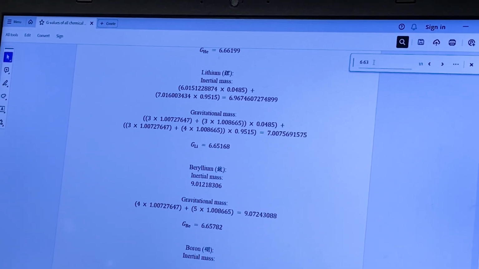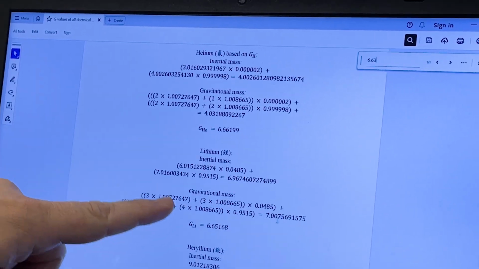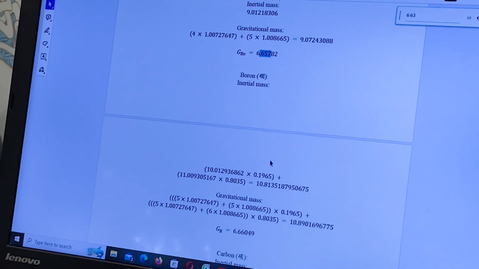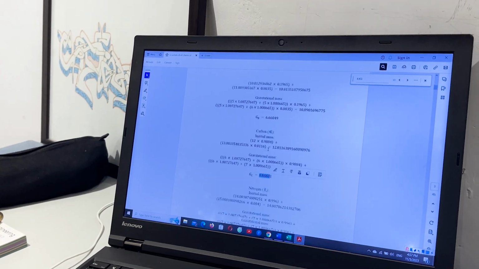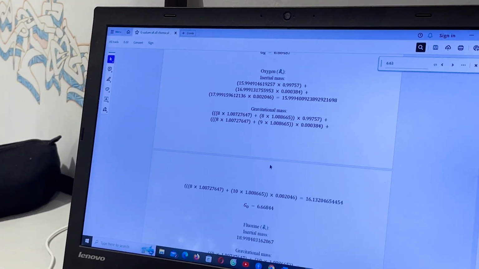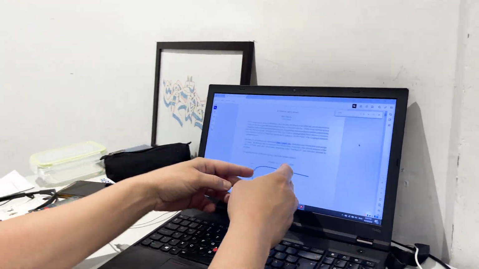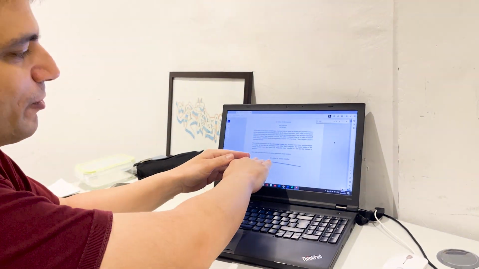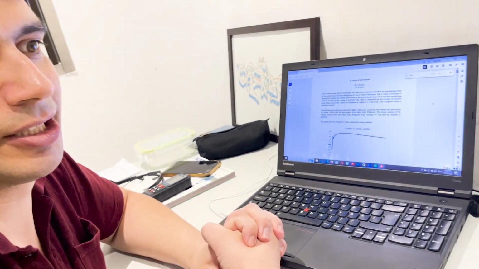I think it's helium 6.66, then lithium 6.65. So these are the lowest. After that it becomes pretty high. Carbon, these are still low. But most of the materials are pretty similar to each other, and that's why people don't notice that the gravitational constant depends on the material, because so many are so close to the gravitational constant of iron.